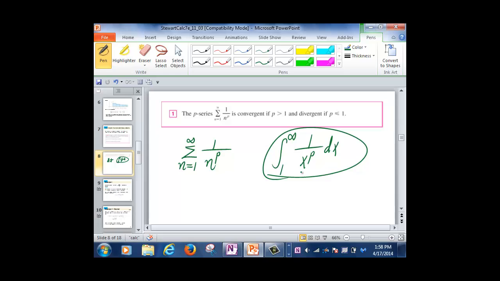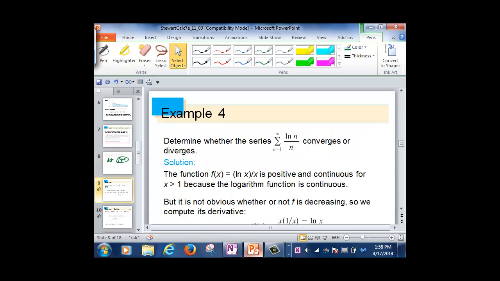Okay. Now, here's my next example. Let's say we are given the series n going from 1 to infinity of log n divided by n, and we want to determine whether this series is convergent or divergent. And I want to show you how we could use the integral test to determine whether the series is convergent or divergent.